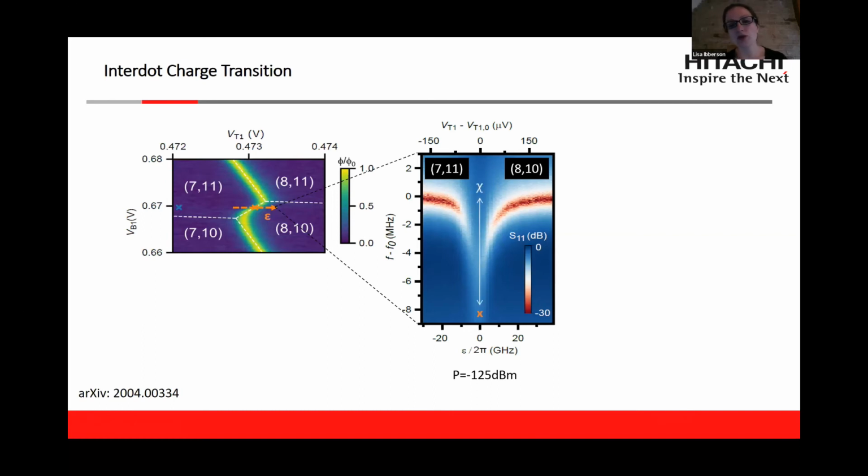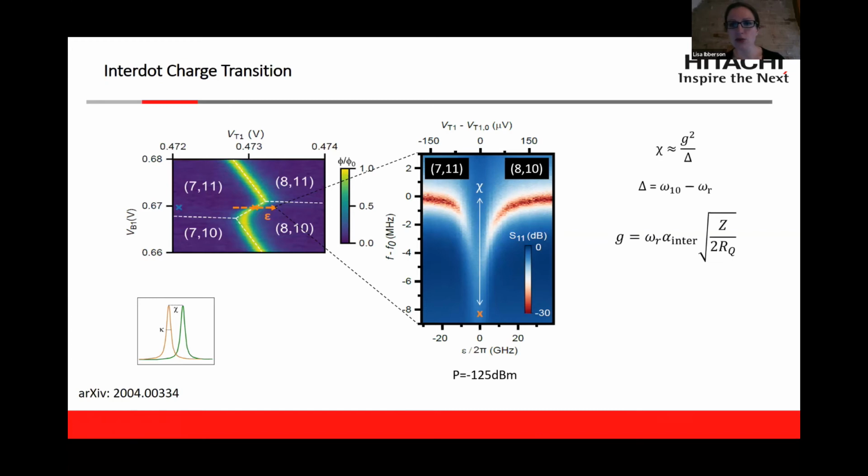And what we observe is a shift in the resonant frequency as we move across the interdot charge transition. And this shift is given by the parameter chi. And if you remember from our discussion earlier, this chi is the shift between the two states.